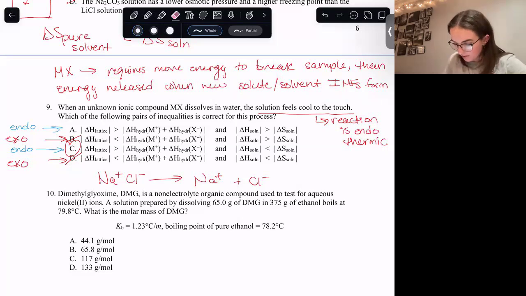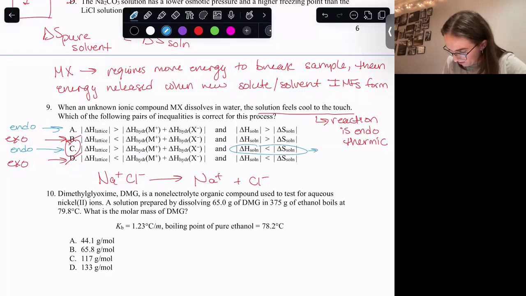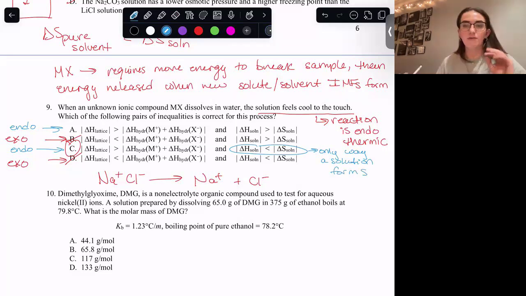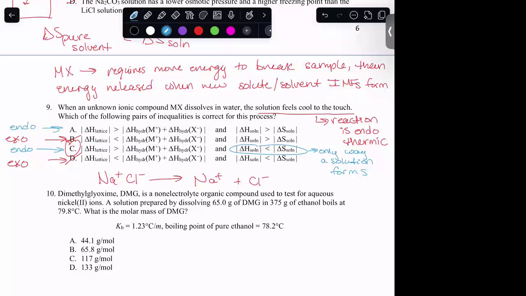If it's endo, this is the only way that a solution will form. So if it's an endothermic reaction, it always has to be entropy driven. Yes, I believe that is correct. Okay, thank you so much.